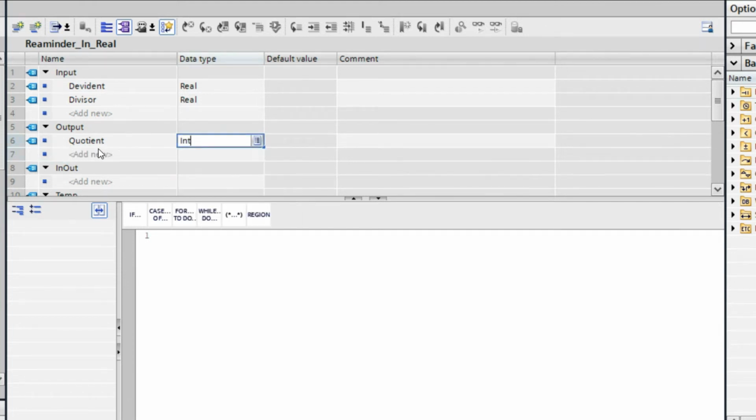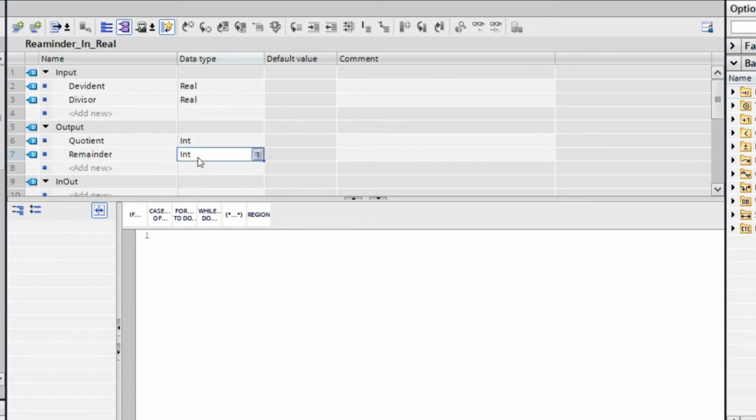The quotient value will always be an integer in any format. If you make it a remainder function, the quotient will always be an integer.